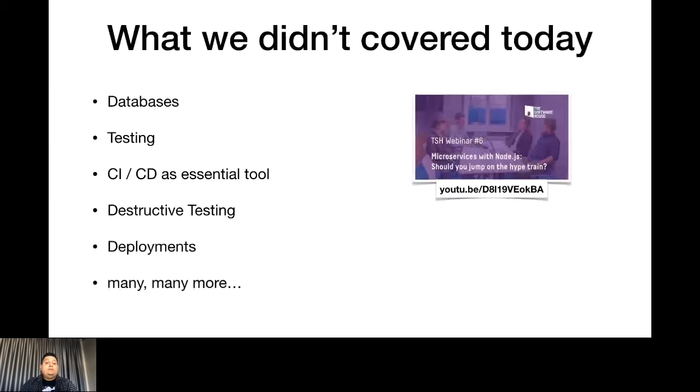Okay, so what's important here is to say what we didn't cover today. We didn't cover databases, testing, CI/CD as an essential tool. We didn't cover destructive testing, deployments, and many, many more topics. We only talked about the most important things in microservice architecture.